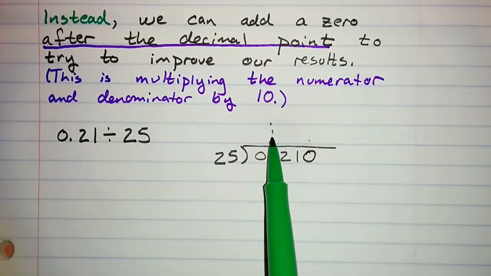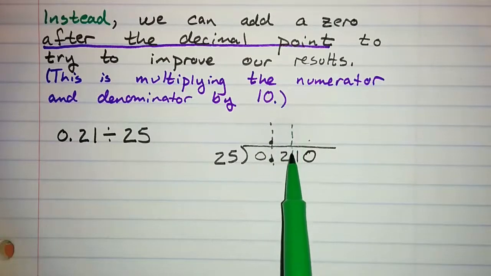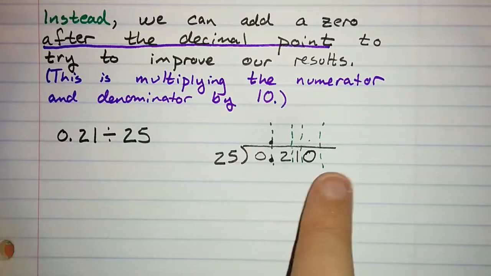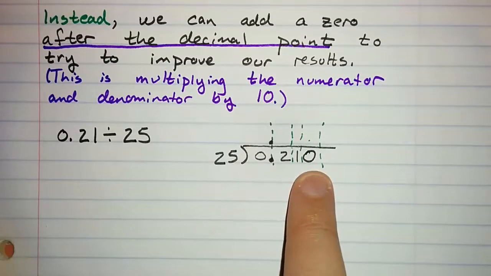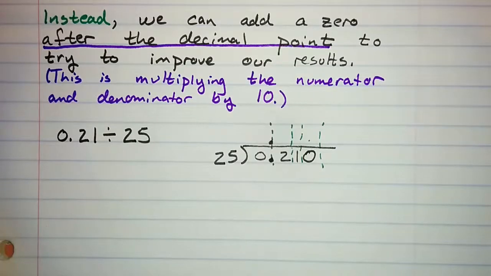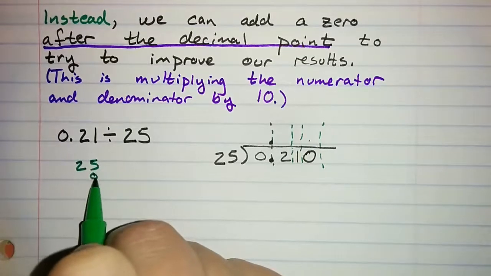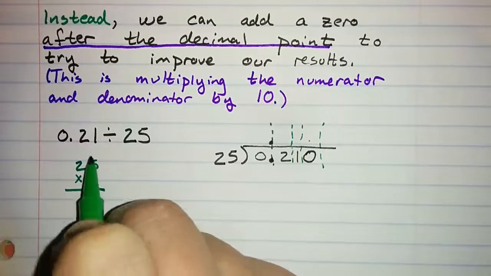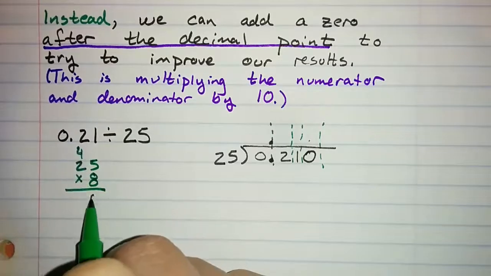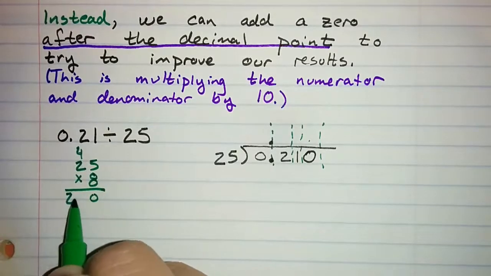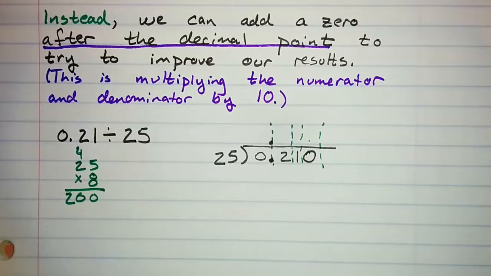And again, I'm going to be very careful of how I line these things up. I'll have 25 into 210. I think that goes something like 8 times. 25 times 8. 8 times 5 is 40. 8 times 2 is 16 plus 4 is 20.